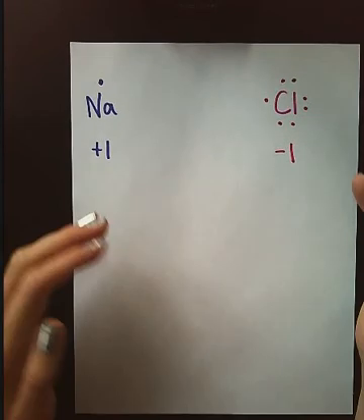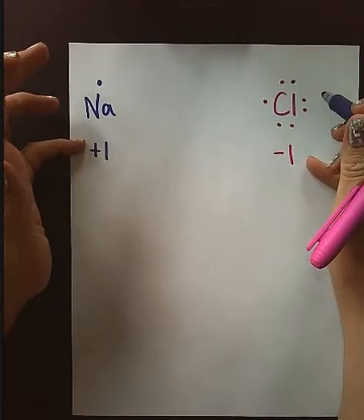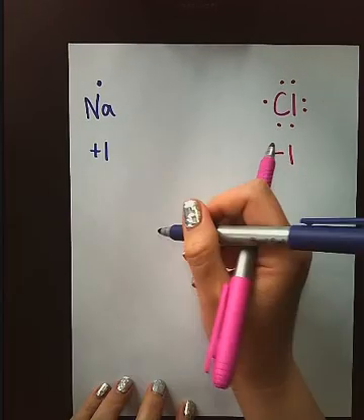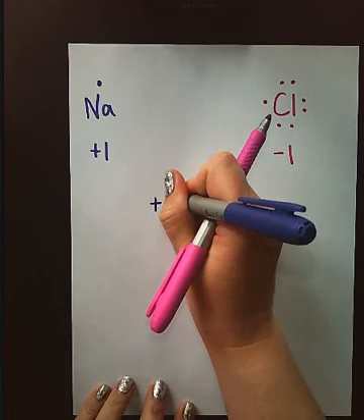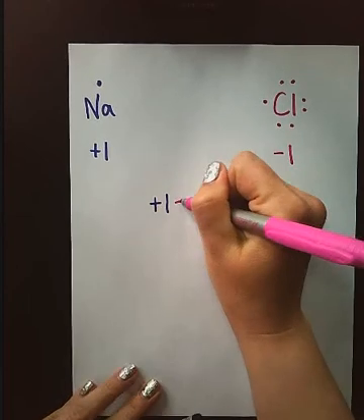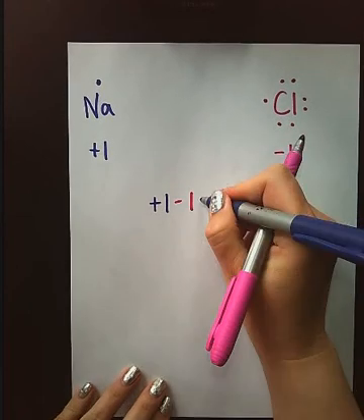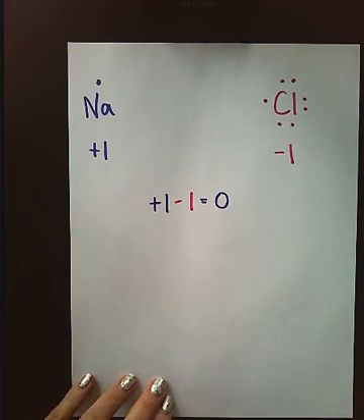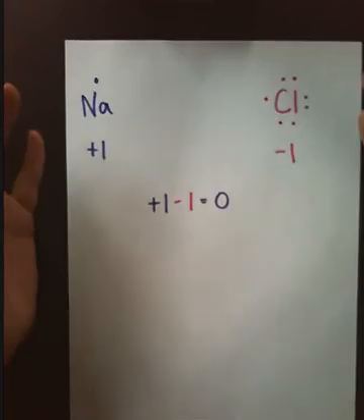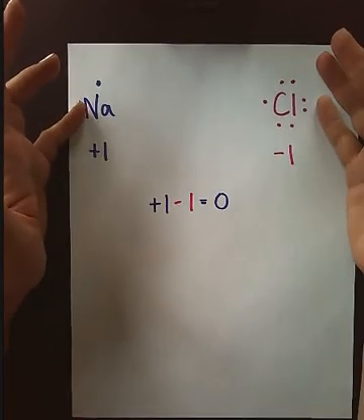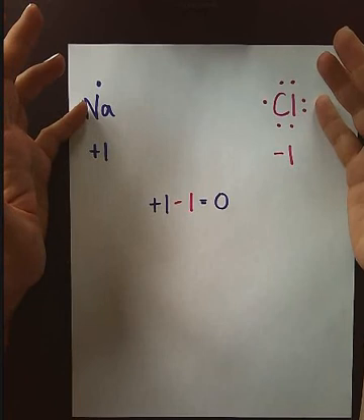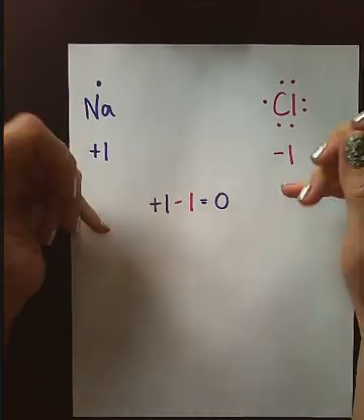So just looking at the charges, now the math comes in. It's really hard math. Oh my gosh. Plus 1, minus 1 is 0. So when those two elements come together to make a compound, they are very happy together. They have a 0 charge.